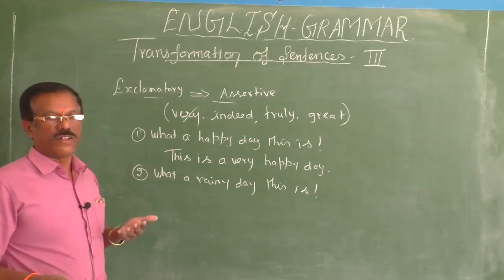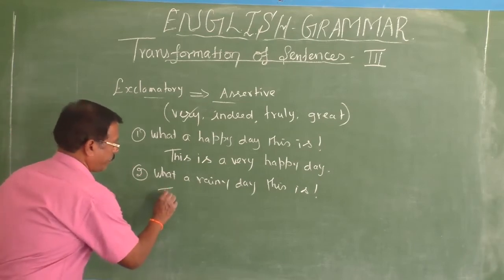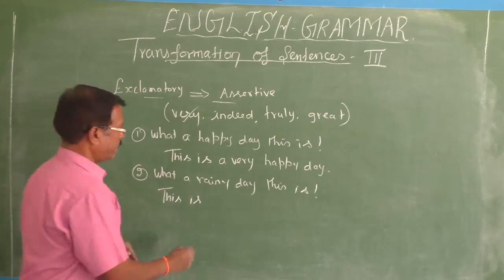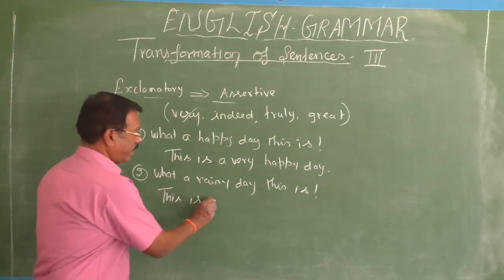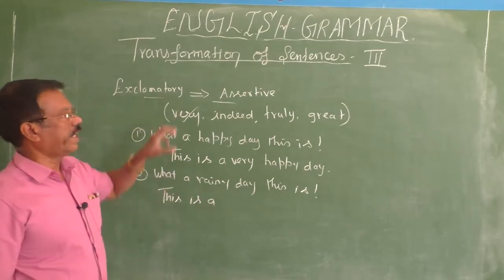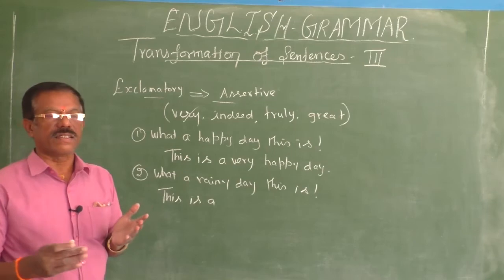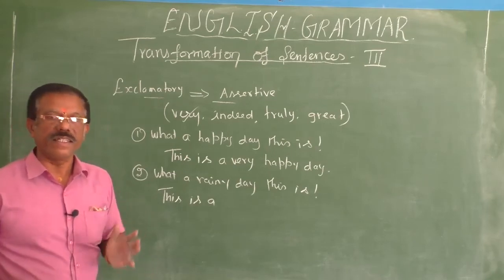As I said to you already, you should begin it with the subject this. This is a rainy day. Here you need not add any modifier or any quantifier. No need for such things because it talks about things in general.